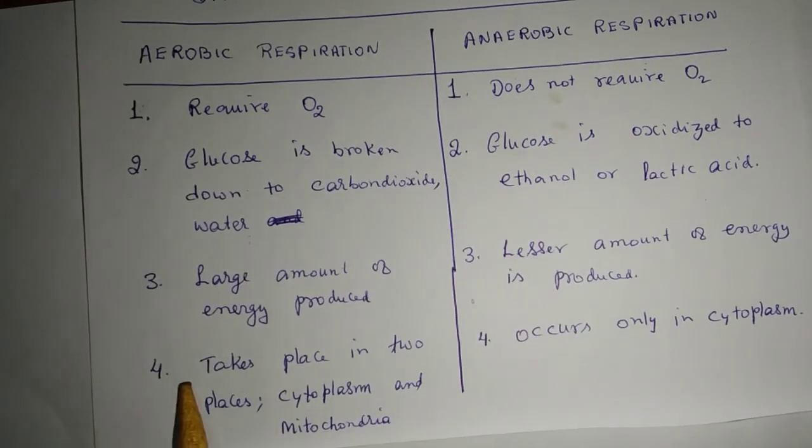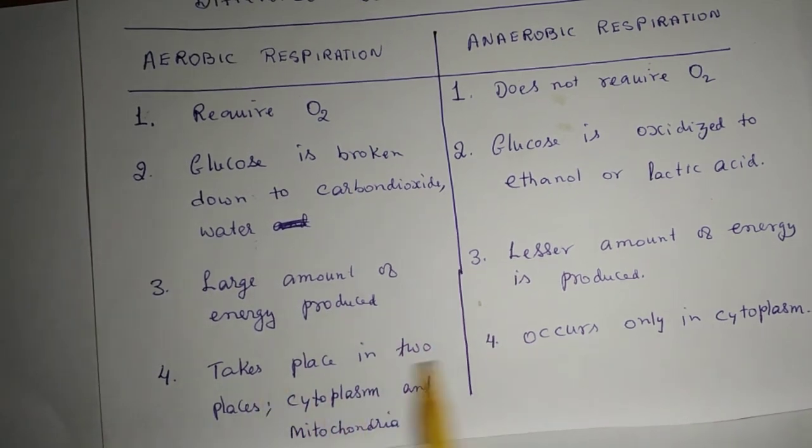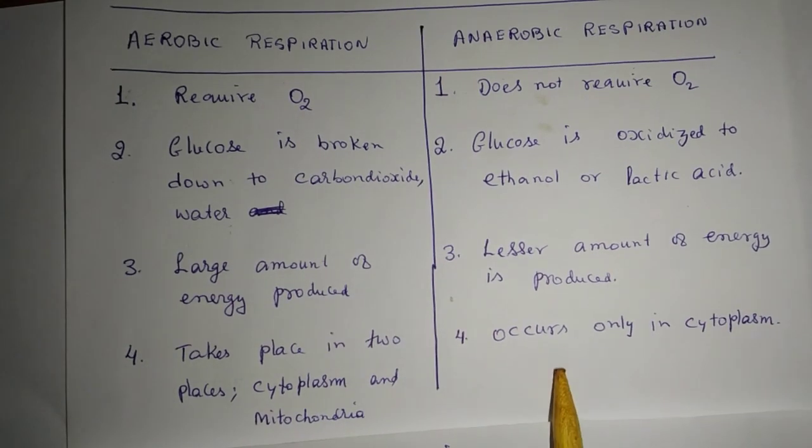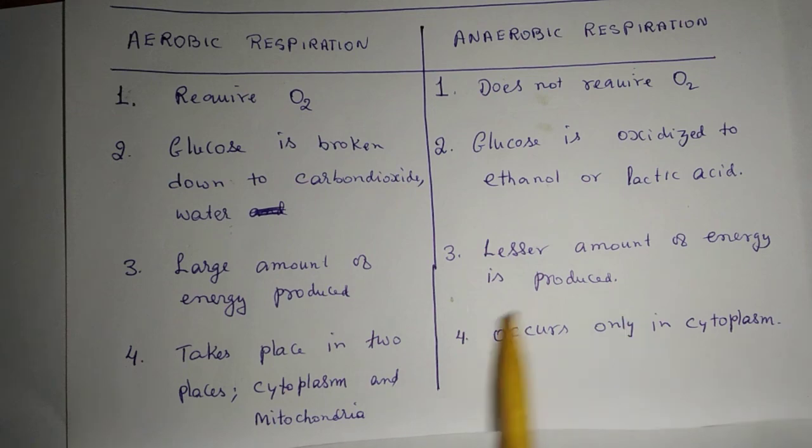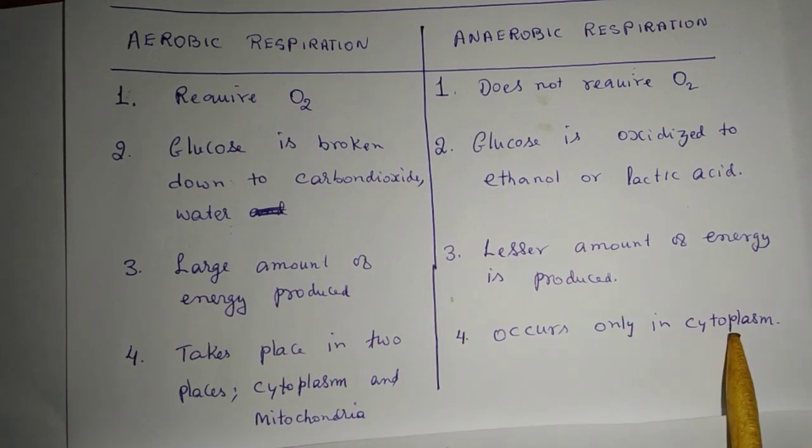And point number 4. In aerobic respiration, the process takes place in two places, cytoplasm and mitochondria, whereas in anaerobic respiration, all the processes take place only in the cytoplasm.